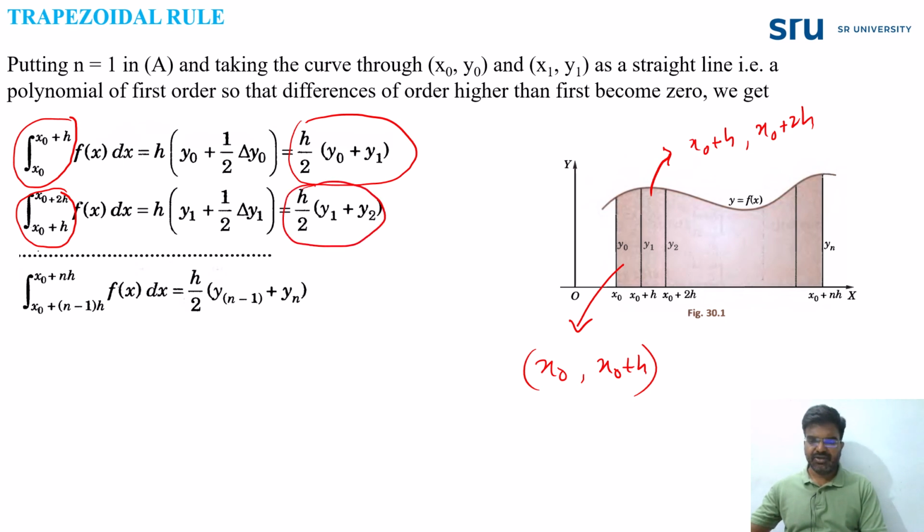We have to continue this process. Finally, this is x naught plus n minus 1 into h to x naught plus nh. You can see here. For every subinterval, we are calculating integration separately.